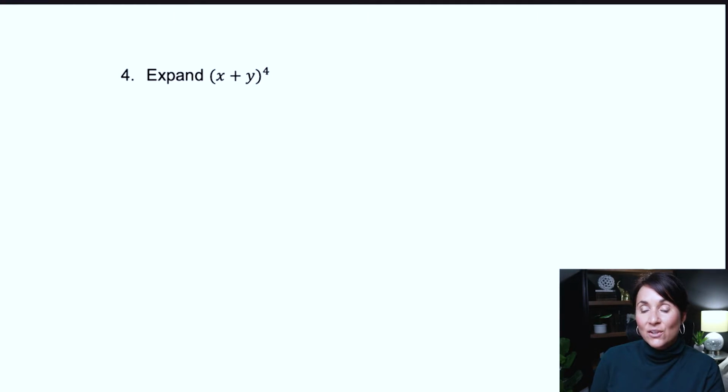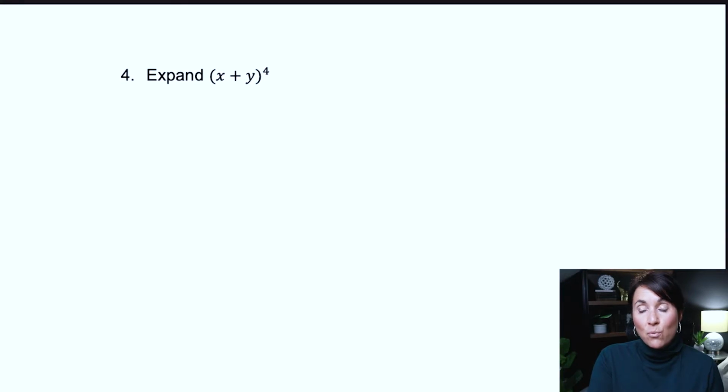Okay, now let's take a look at expansion here. Now, you might get a question about expansion on the test where either you have to choose A, B, C, or D, or there may be some areas in the equation that they want you to fill in. So I'm going to show you how to do that today. There are a couple of ways to expand this quantity or expression here. However, I prefer to use Pascal's triangle. Now, let me just show you what you could do.